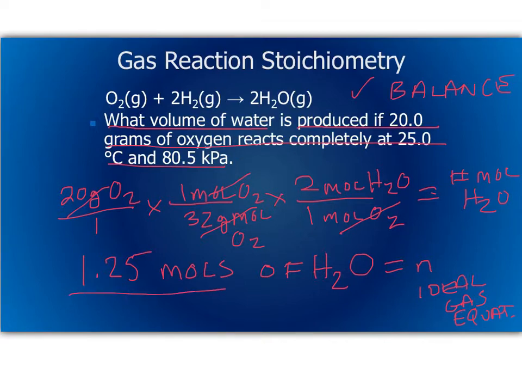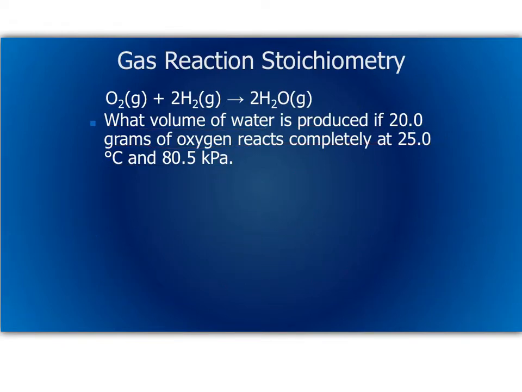And let's give ourselves some more working room here. So let's hit the erase button and then do this again. Okay, so we have PV equals nRT, and let's put all the stuff in that we know.